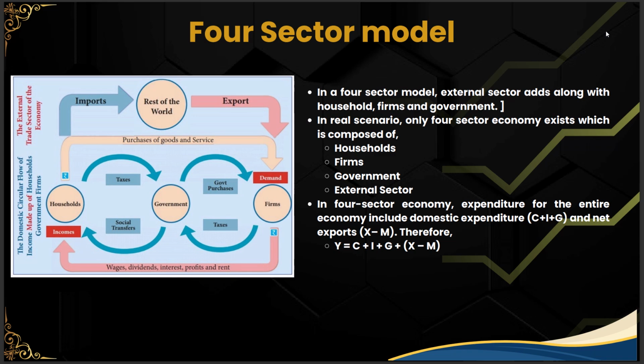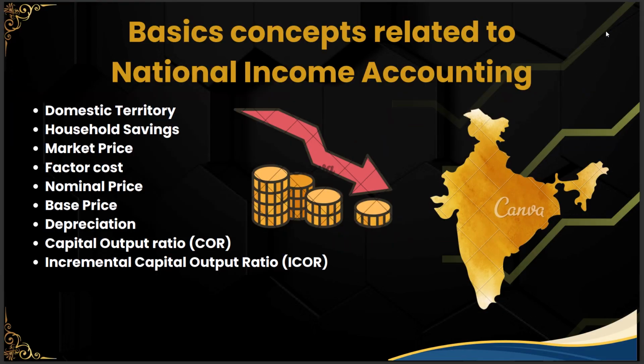So coming on to the next, the basic concepts related to national income accounting. We must again know that these are very basic concepts and carry much relevance to this chapter. Starting from domestic territory. See, it refers to the geographical territory administered by the government of India, within which persons, goods or capital can circulate freely.